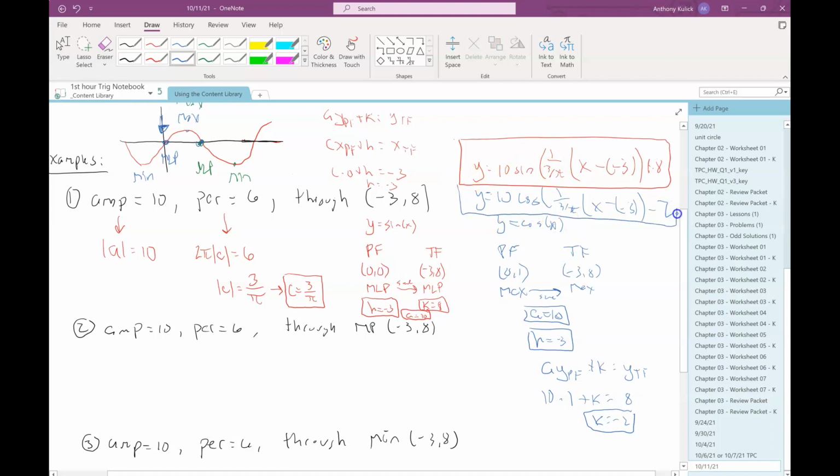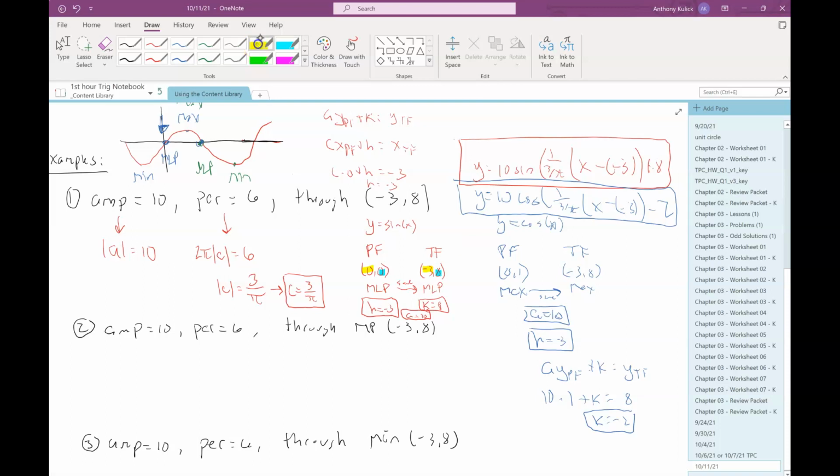So there's my cosine version. Now notice the sine version was a little bit easier because since the x-coordinate on the parent function was 0, the h is just going to be the x-coordinate from the transform function. And since the y-coordinate from the parent function is 0, the k is just going to be the y-coordinate from the transform function.